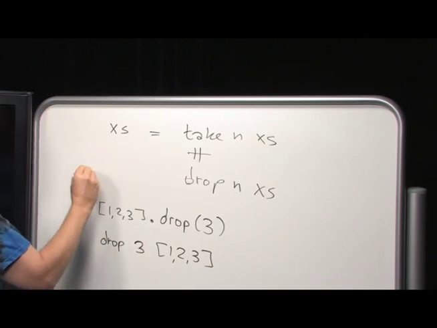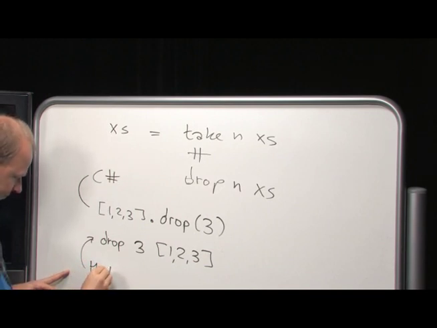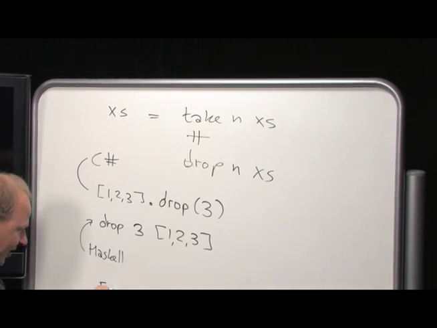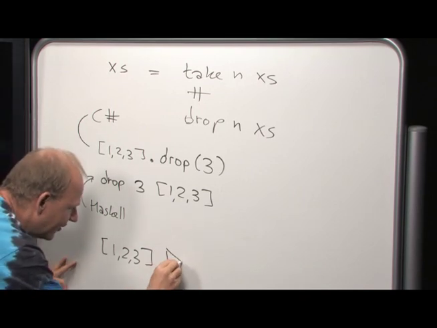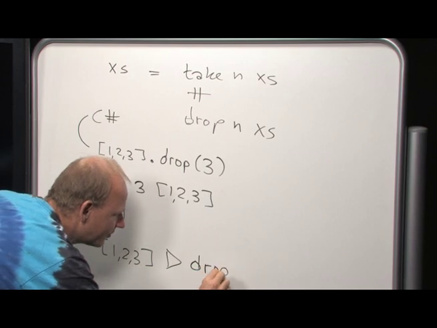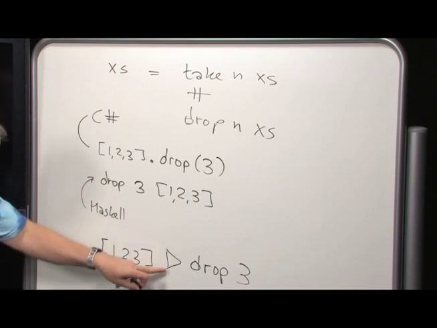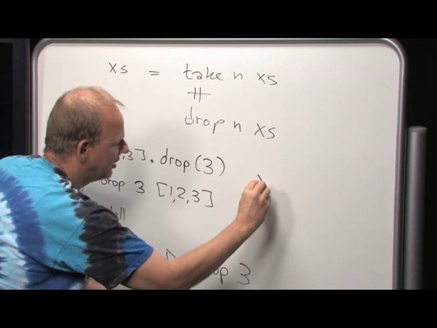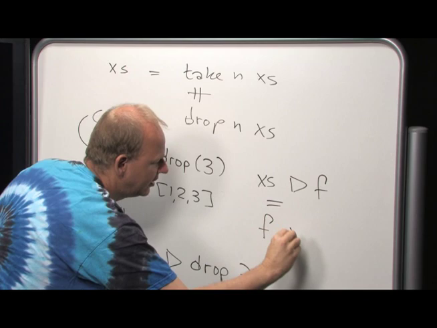Okay, so this is like C#. This is Haskell. And then in F#, you would write something like 1, 2, 3, I think, and now of course, I don't have an F# implementation, drop 3. Something like that, where this operator is really defined as xs f is defined as f xs.